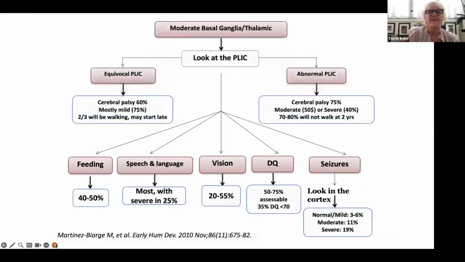As you go up the severity of basal ganglia, now the chances of cerebral palsy are closer to 60 to 75%. And if the PLIC is present, then it hopefully will be on the milder range where they'll just need a lot of assistance to get walking with splints and other things. But they also start to have more likely to have difficulty with feeding, particularly in the neonatal period where they may have pseudobulbar palsy, which also relates to impairment in communication and these other deficits.